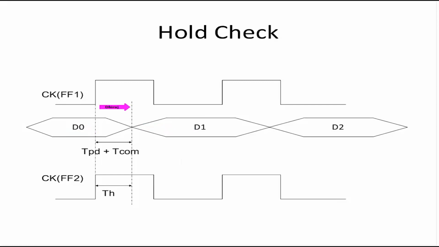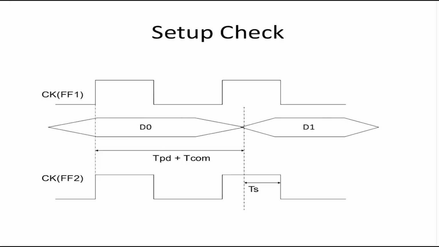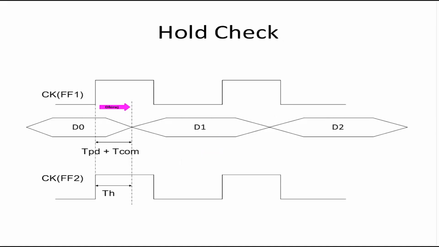What is that time? It is nothing but TPD plus TCOM. So same as the setup, D0 transitions into D1 after TPD plus TCOM. Same thing goes for hold. But now we have to make sure that this transition D0 to D1 should only happen after the TS time, after the hold time.